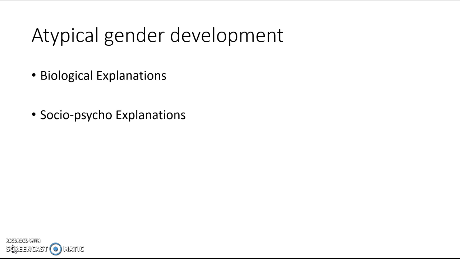And then we have the topic on atypical gender development, where we have biological explanations for gender dysphoria. And gender dysphoria is a persistent feeling of identifying with the opposite gender to your biological sex.